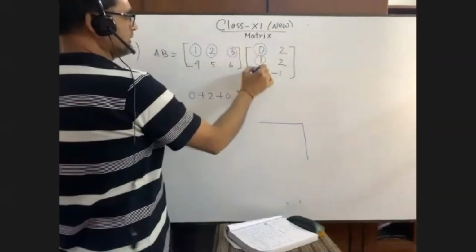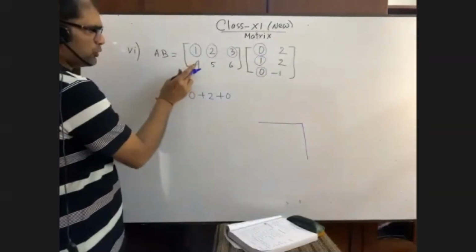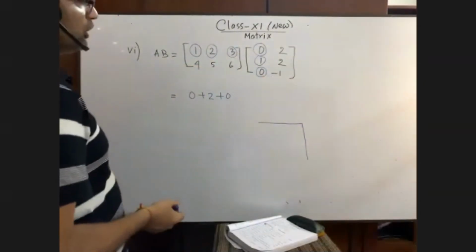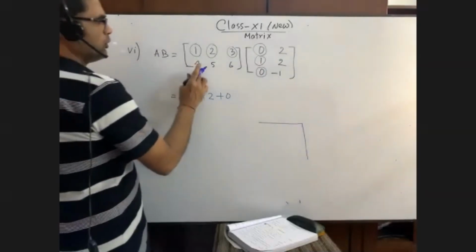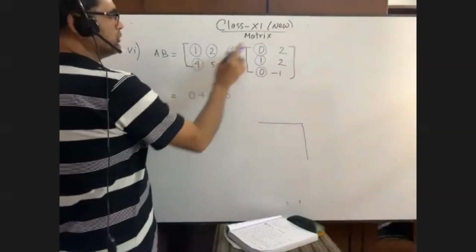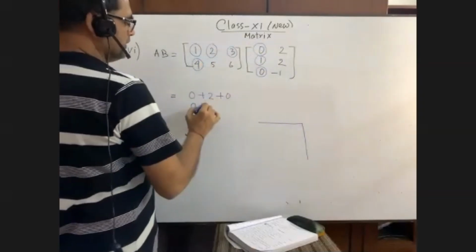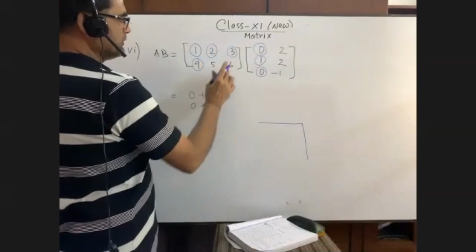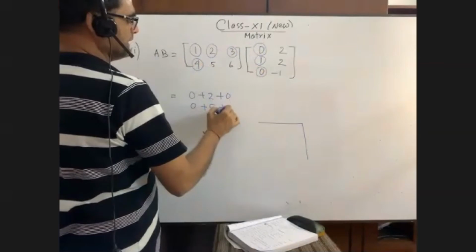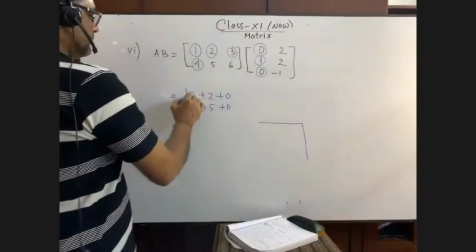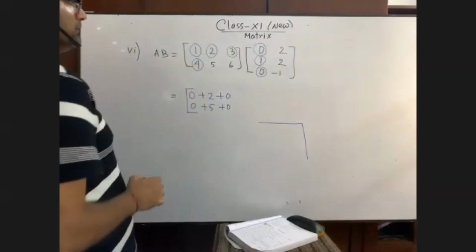So this is done. Now there is a second row. So at a time you get the functioning on the second row. 4 into 0, that is 0. 5 into 1, that is 5. 6 into 0, and it is 0. Okay. So we have got the first column.